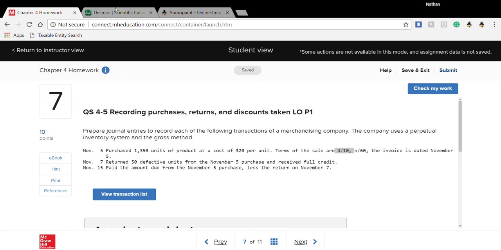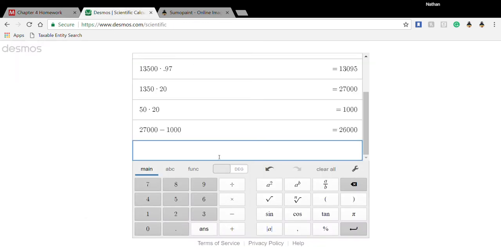Since we only had 26,000 left, we got a discount off of this amount. Since it was 4% and we're using our little method, 100% minus 4% leaves us with 96%, or 0.96.